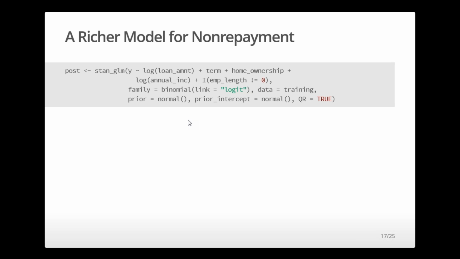So in this case, we have 1 for the loan amount, 1 for the term of the loan, 2 for the home ownership variables, 1 more for the annual income, and 1 more for whether you have a job. So whatever that adds up to, you could specify a vector of that length, giving your prior expectations under a normal distribution for this process.